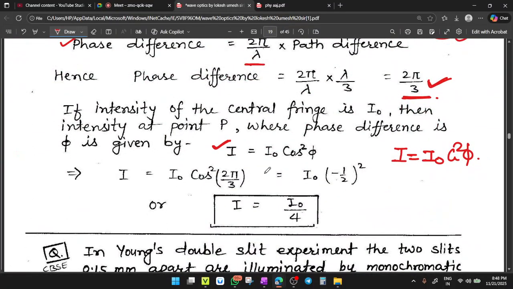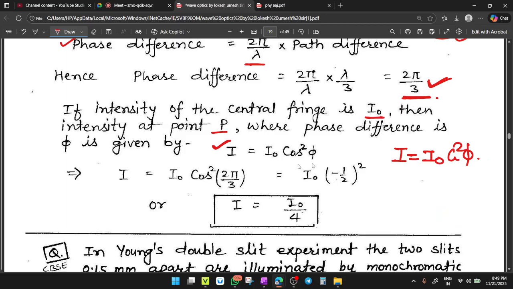I equals I naught cos square phi. If the intensity of the central fringe is I naught, then the intensity at point P where the phase difference is phi is given by I naught cos square phi. Wait, some problem is there.